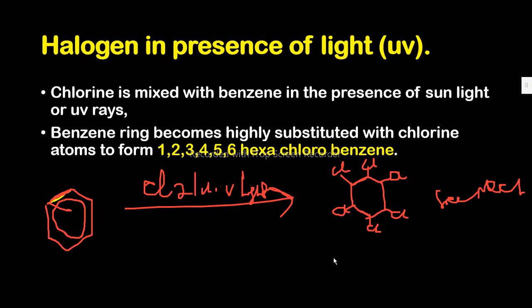So this is our product, and this one is 1. So if you consider this to be carbon 1, 2, 3, 4, 5, 6, it is 1, 2, 3, 4, 5, 6 hexachloro. There are 6 chlorines and then cyclohexane.